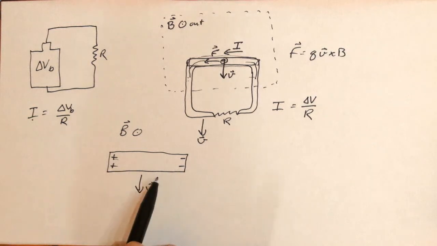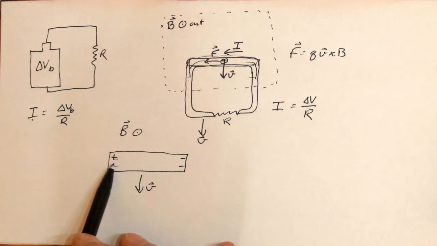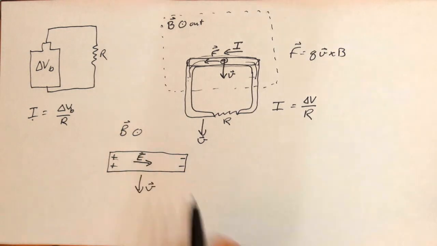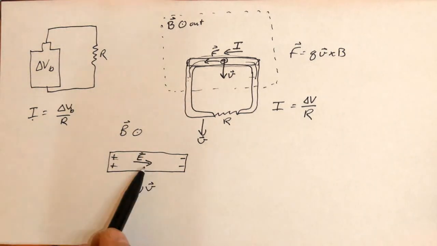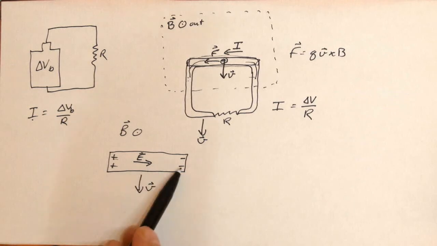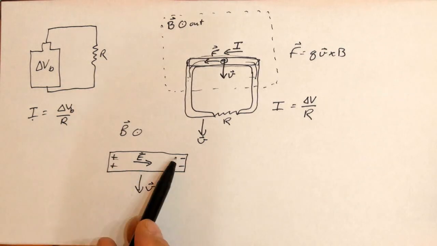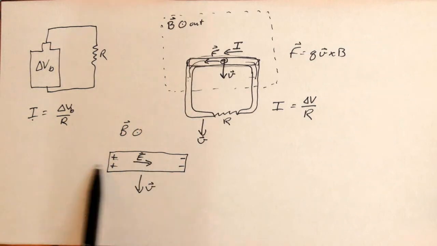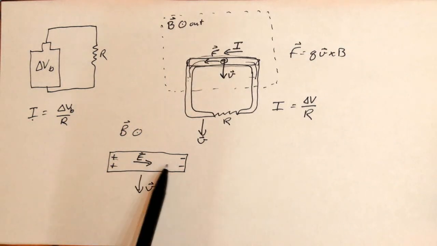Now, this can't go on indefinitely, because if I pile too many pluses up here, it creates an electric field that way, and negative charges want to go opposite that, and positive charges want to go with it. The magnetic force is forcing positive charges this way. The electric force is pushing back this way.